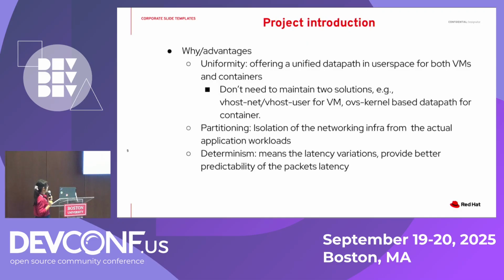So what are the benefits of the Userspace datapath? The first one, it offers a unified datapath for both VMs and containers. In OpenShift, running both containers and VMs, typically the container will use the OVS kernel datapath, while VMs use the Kernel-Space vhost-net or the Userspace vhost-user solution.